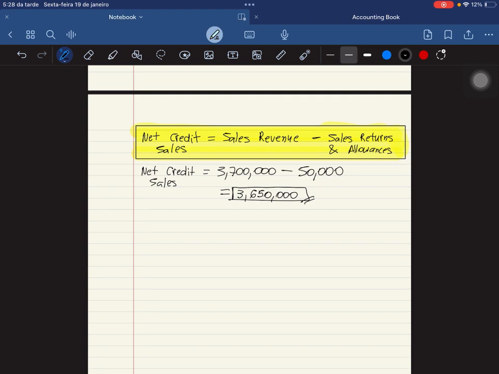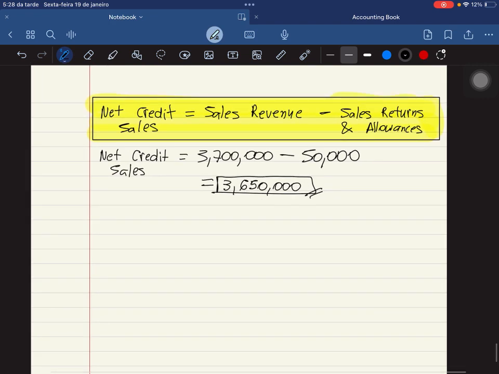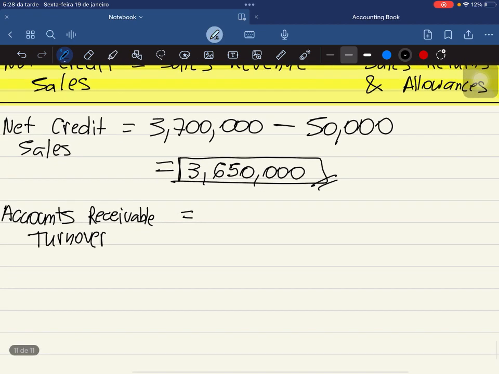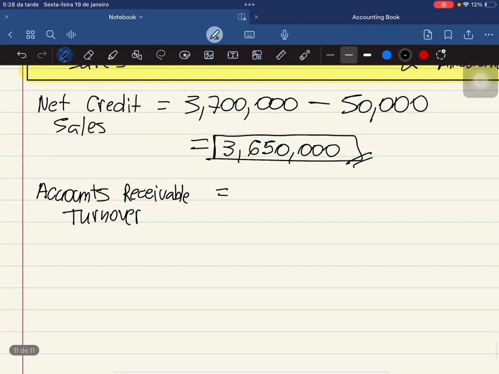Now that we have 2 numbers, we are ready to actually calculate what they ask for, right? Which is the accounts receivable turnover. Okay, so here, the formula for the accounts receivable turnover, you're just going to divide the 2 values that you got before.